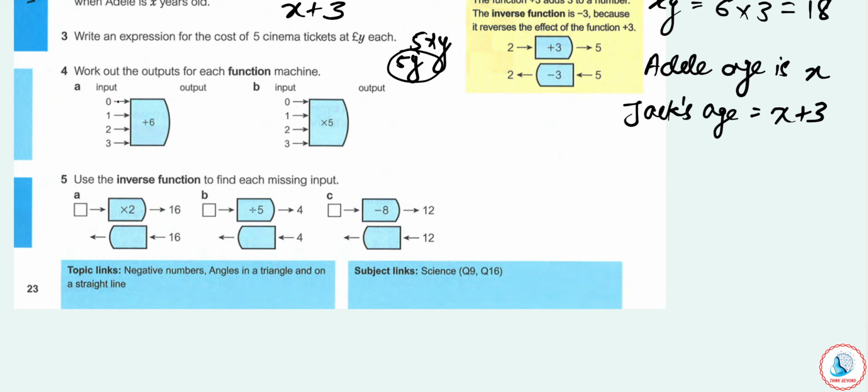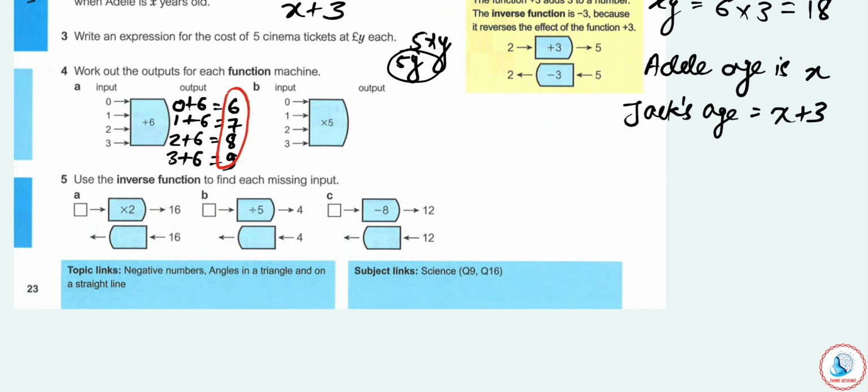First input is 0, and here you have to do 0 plus 6, which is 6. Next is 1, plus 6. So 1 plus 6 is 7. Then 2 plus 6 is 8, and 3 plus 6 is 9. So these are our outputs.